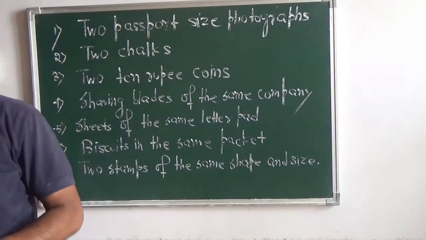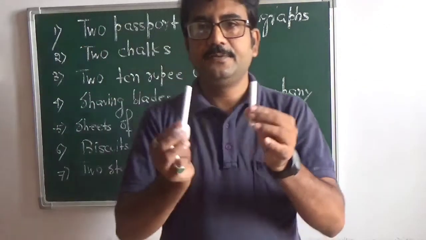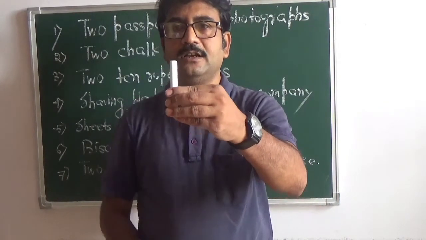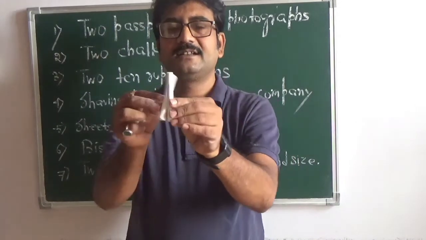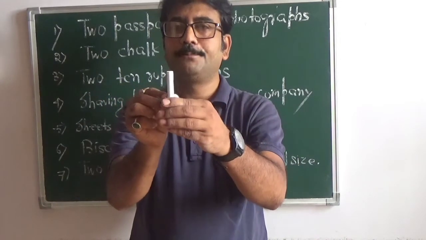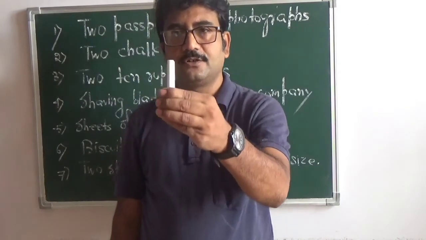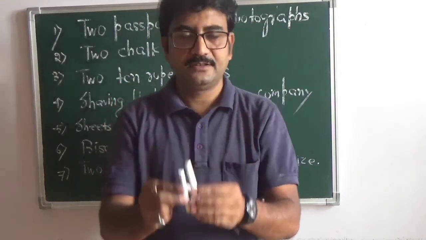Similarly, two chalks, if I take these two chalks and keep them one after the other, it will appear to you as only one chalk. So the two chalks superpose or overlap completely, giving us an effect that there is only one chalk. So these two will be called congruent figures, right?